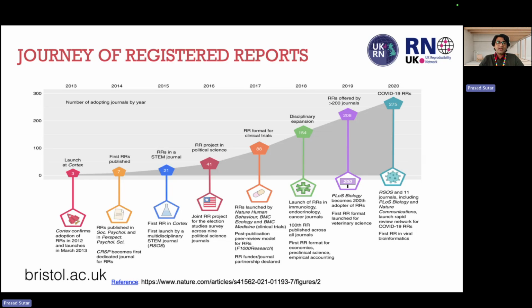You can see initially in 2013 there were around three publishers that had accepted registered reports. But after 2019, and especially after 2020, we have seen a rise in recognition of registered reports across various journals.